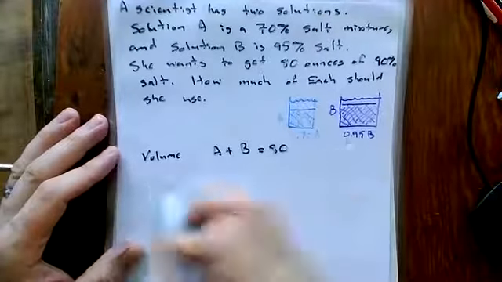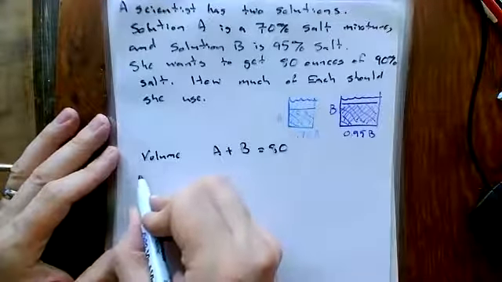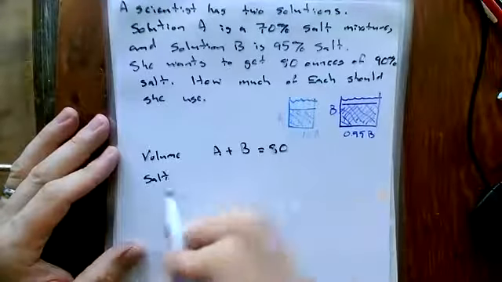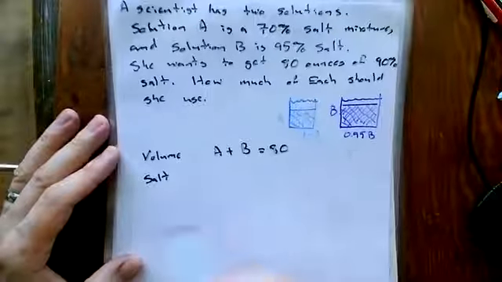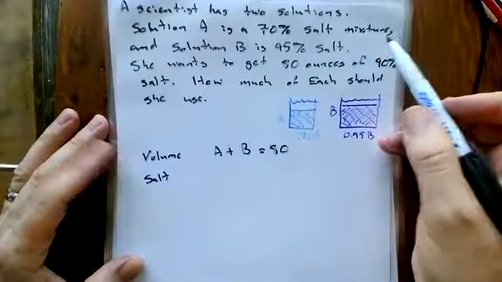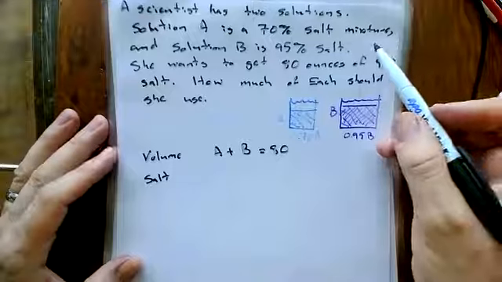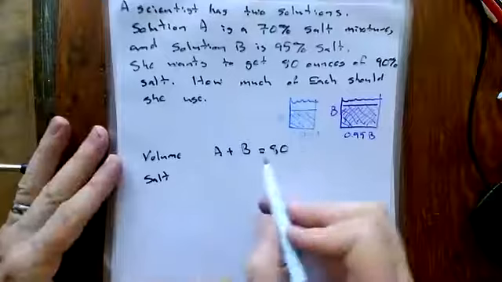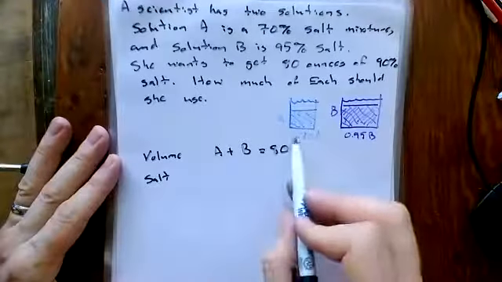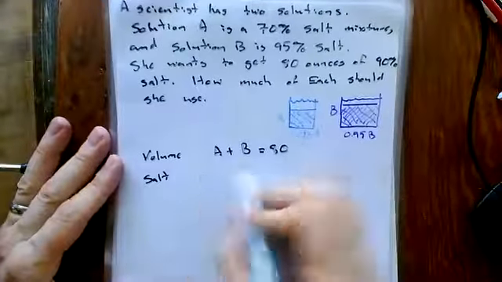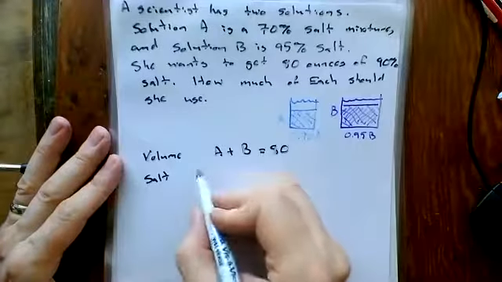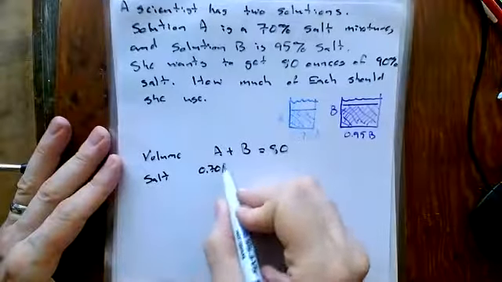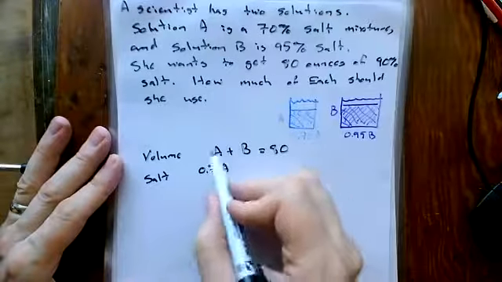But then I can take a look at just my pure substance, or just the salt. With different things, this could be ethanol, it could be some sort of drug. There's all sorts of things we could do in this. But I know how much is in each of these. For our solution A, it's 70%, so it's 0.70 times that volume.